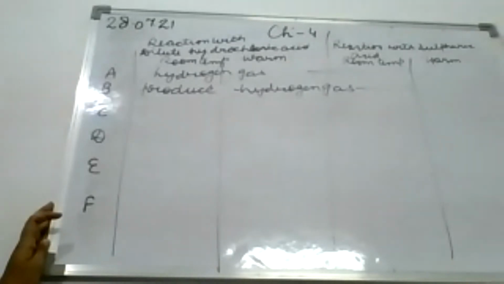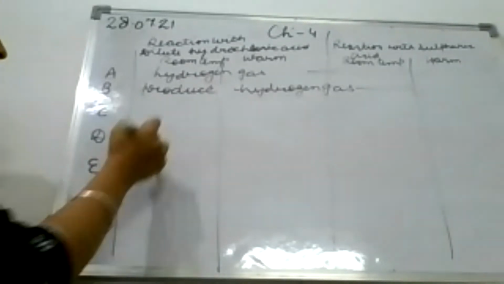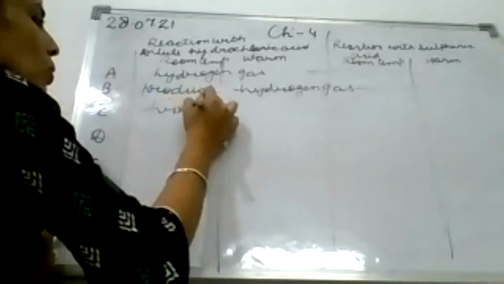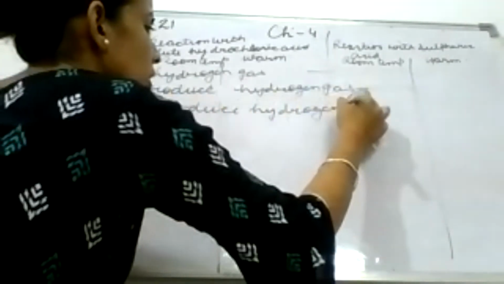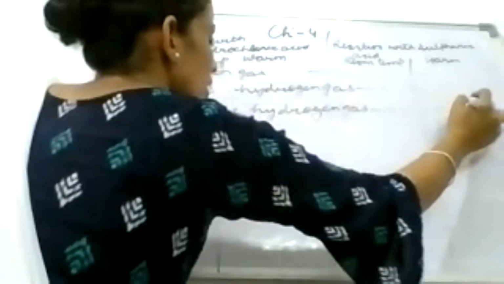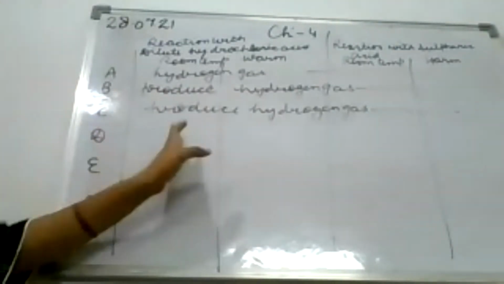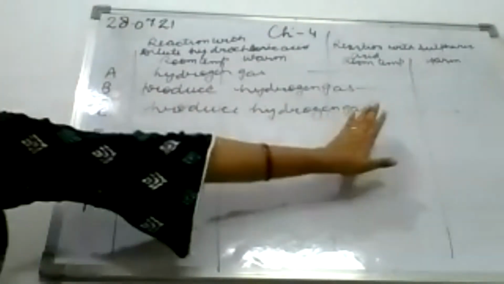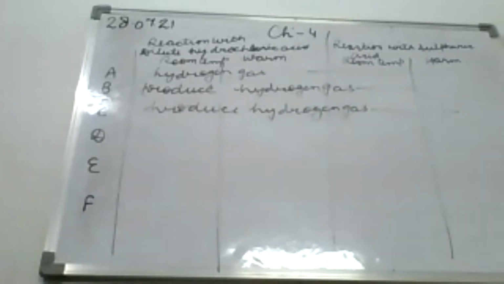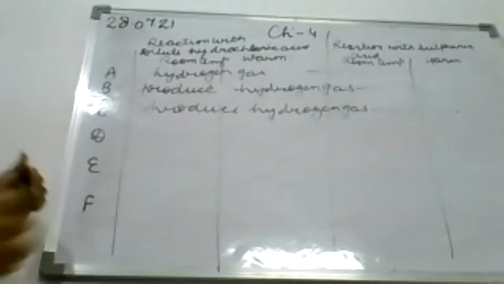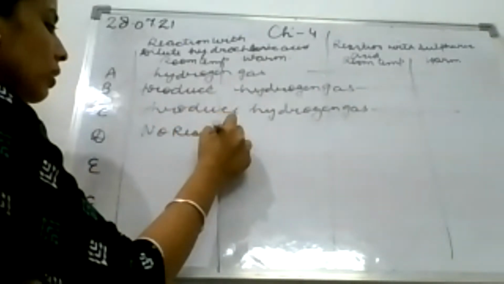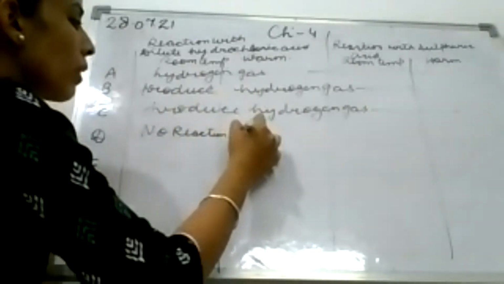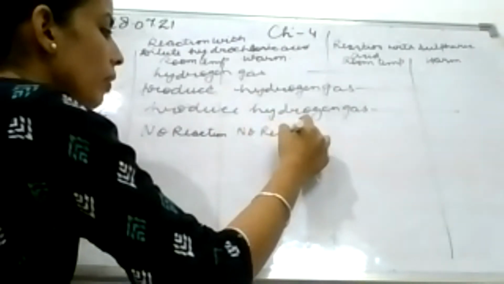Clear? And the next, C, is iron filings. Same answer, produce hydrogen gas. Clear? In the four columns, the answer will be the same, that it produces hydrogen gas. Now, coming to the case of copper, in the first two columns you will write no reaction.